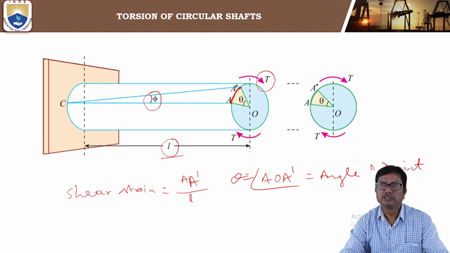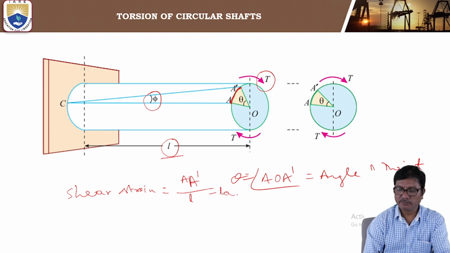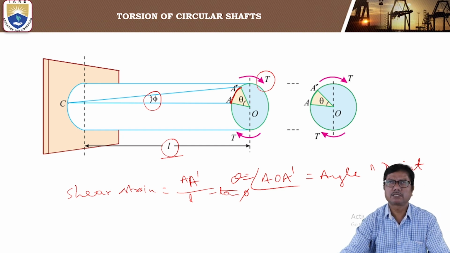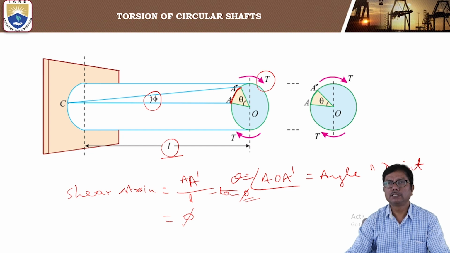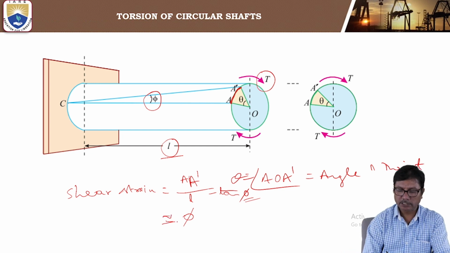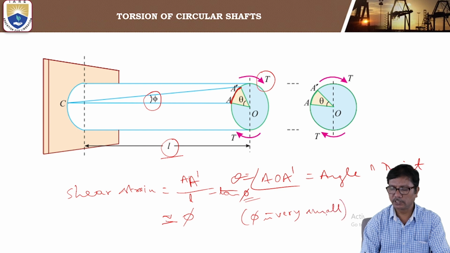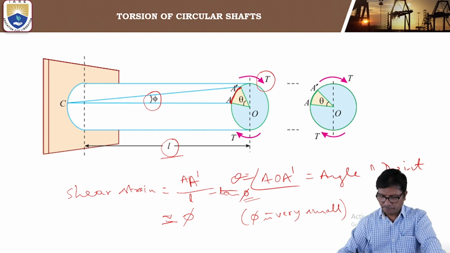That is, shear strain is the ratio of AA dash to L, which is tan phi. For all practical cases, the angle is very small, and tan phi can be taken as approximately equal to phi only, because phi is very small.